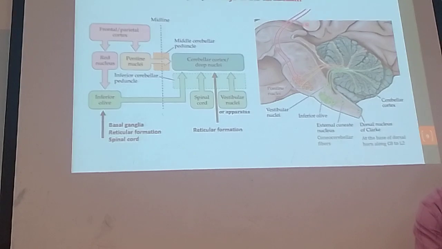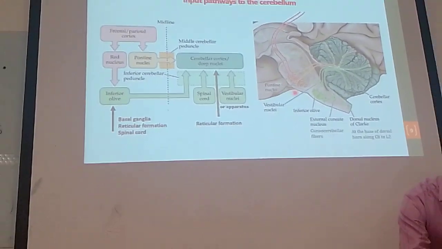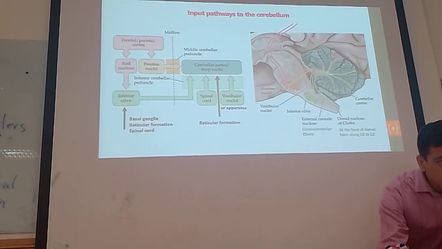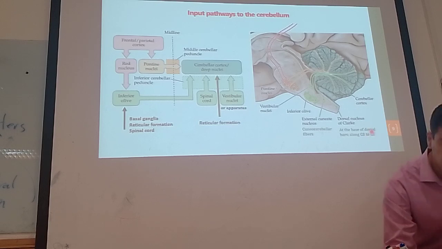So here again, you can see that fibers from the cortex go to the pontine nuclei, they go to the cerebellum. Inferior olive, sent to the cerebellum. External cuneate nucleus. Again, dorsal nucleus of Clarke. You remember that? It's located at the base of the dorsal horn along C8 to L2. Right?